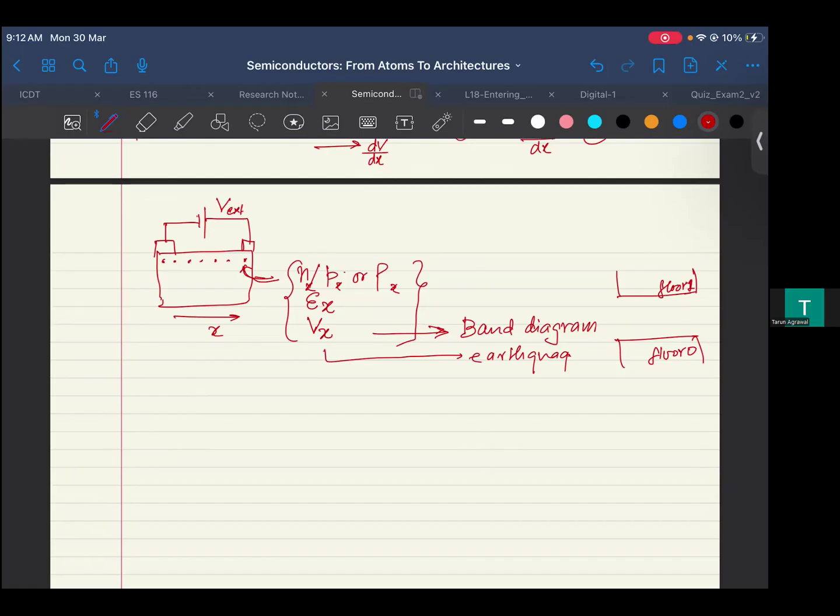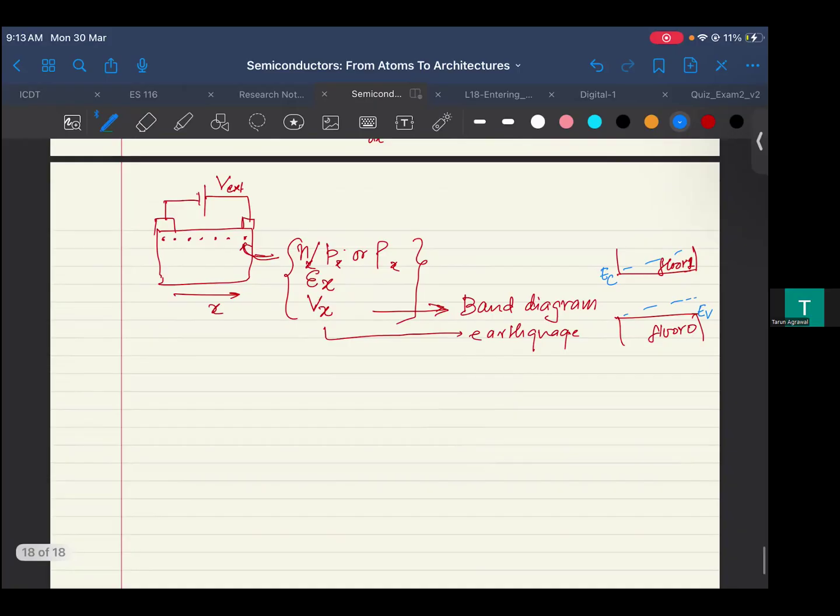Then this floor will change. So it may tilt like this or whatever way it can tilt. These are called the change in the band diagram, which is what we plot with these lines. We will talk about band diagrams when we move to some interesting semiconductor devices. As of now, we are discussing the role of electrostatics.